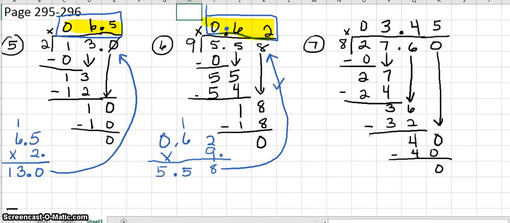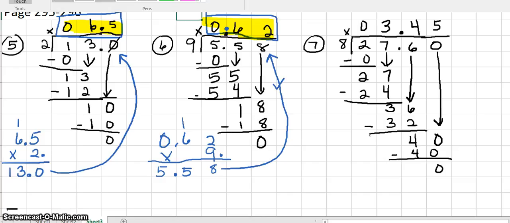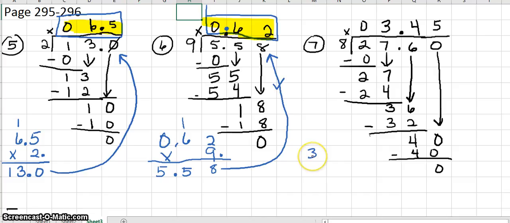So now I'm ready to check my answer. I'm going to take my dividend, and not my dividend, I'm sorry, my quotient. Got it confused there for a second. Sorry, my quotient, and multiply times my divisor to get my dividend. I got my D's all confused. 8 times 5 is 40.